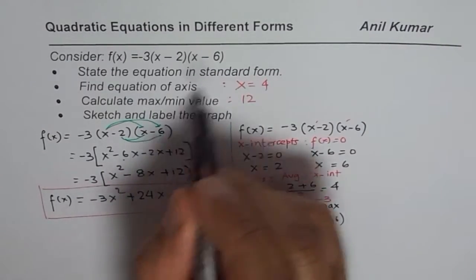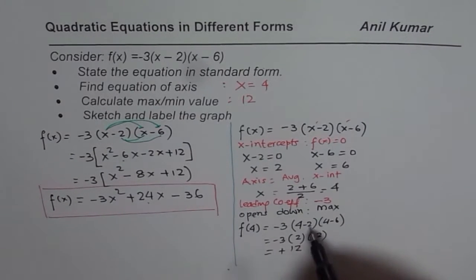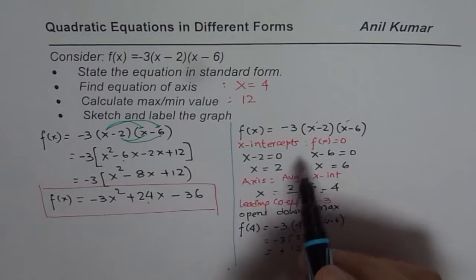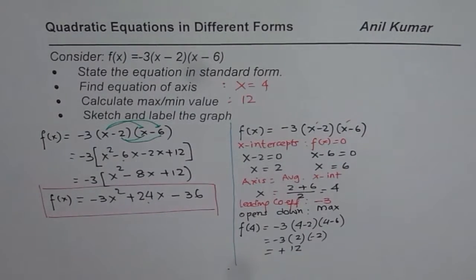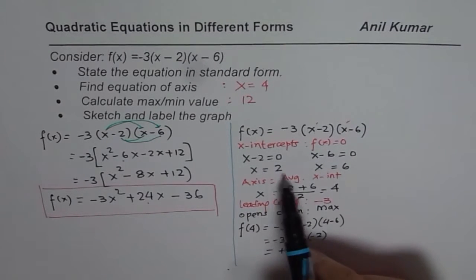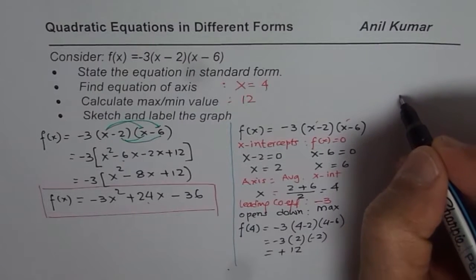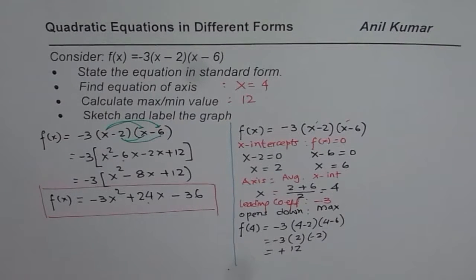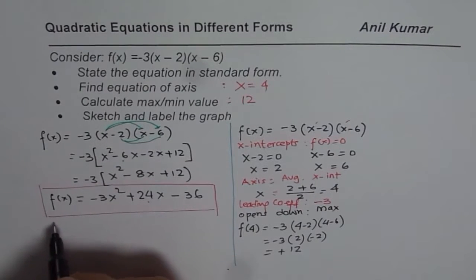And now, this is the standard equation. And now let us sketch the parabola. From all this information, we can easily sketch the parabola, which is opening downwards, right? We have two x-intercepts, 2 and 6. But before getting in there, from the standard equation we can actually find the y-intercept.